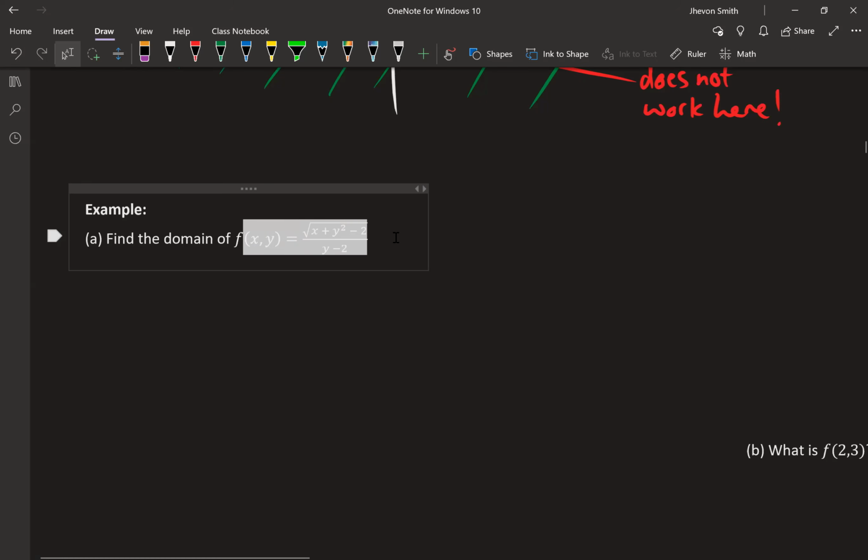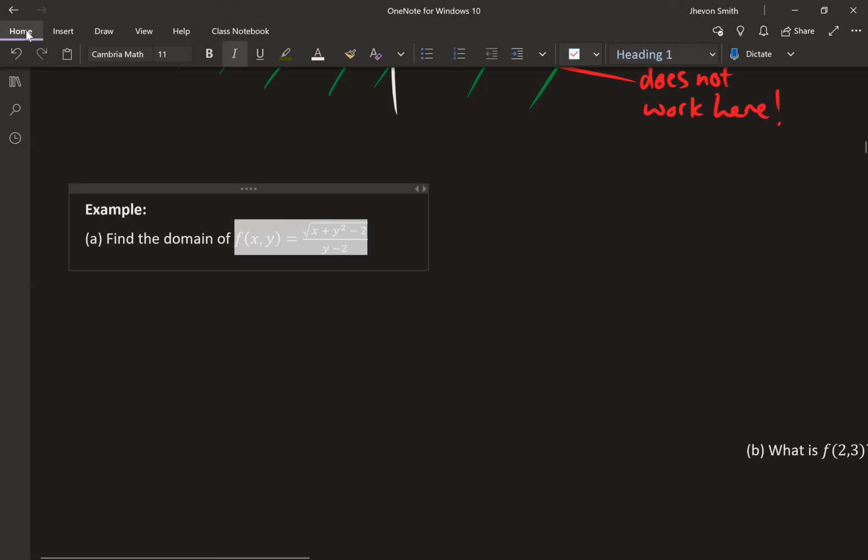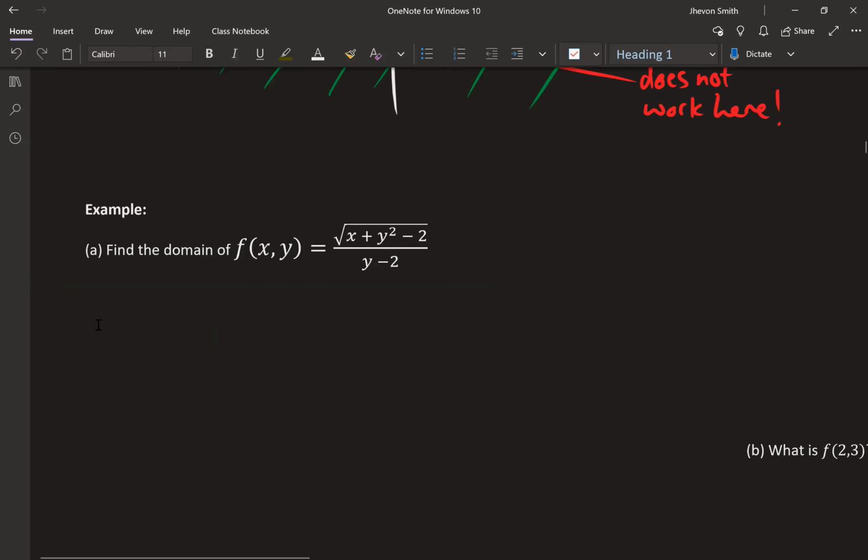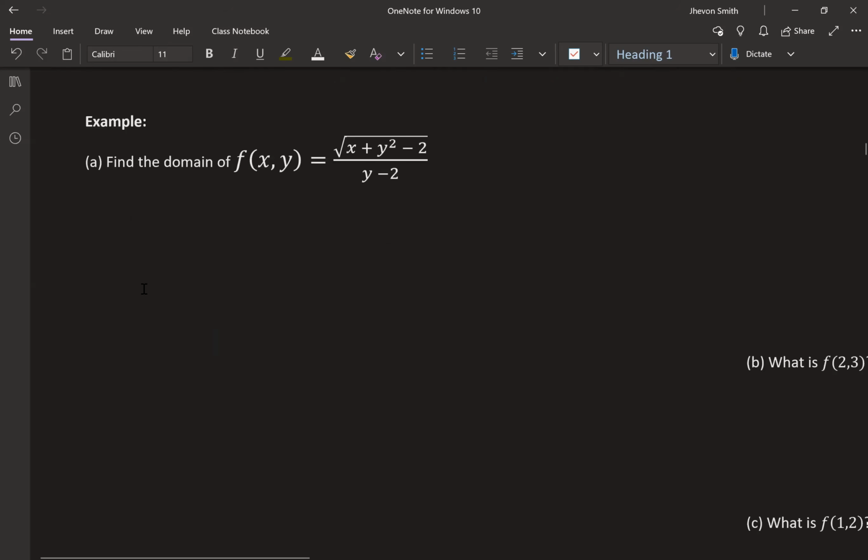Let me make this a little bigger. Okay, so hopefully you're seeing that. Answer the same question: domain of that function.